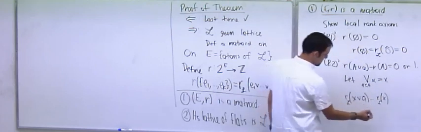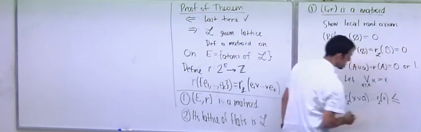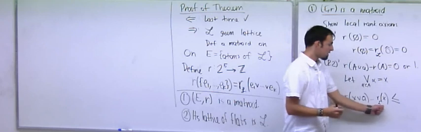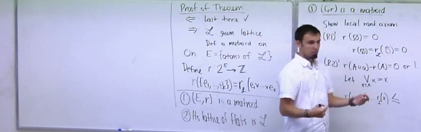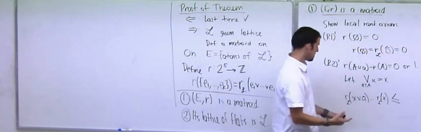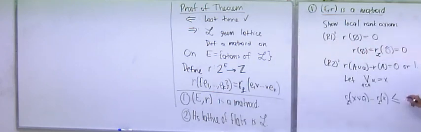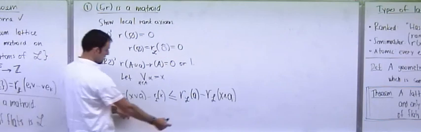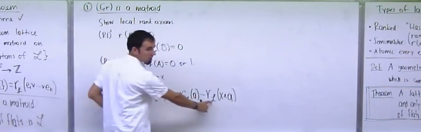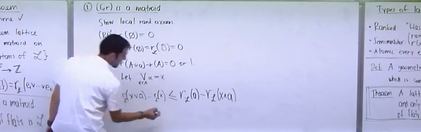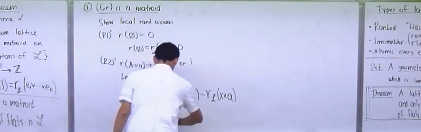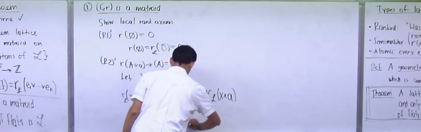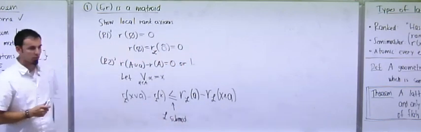Well, it says this: that the rank in the lattice of X plus the rank of a is bigger than the join plus the meet. You send this guy to this side, this guy to this side, then this is just the property of submodularity of L. This is because L is submodular.